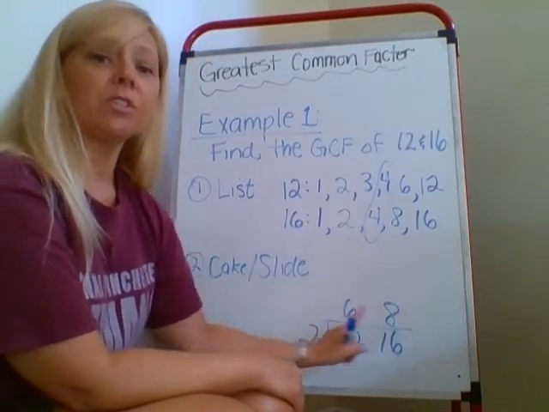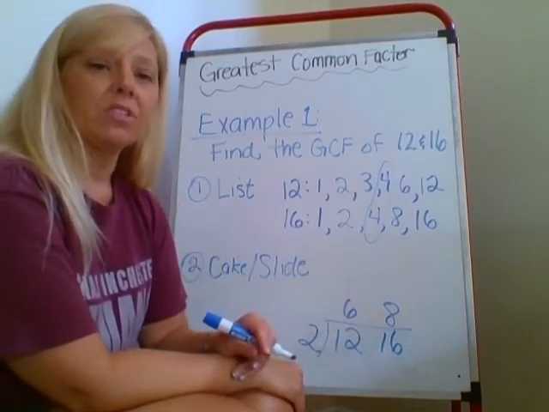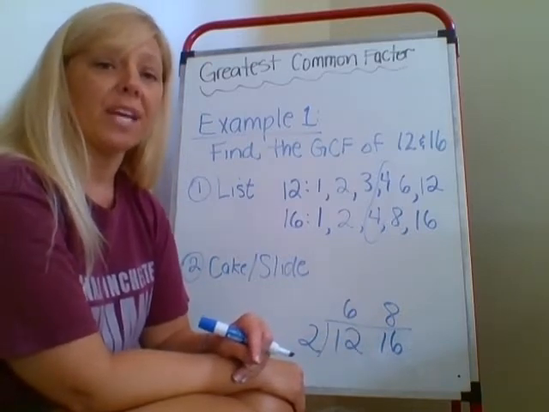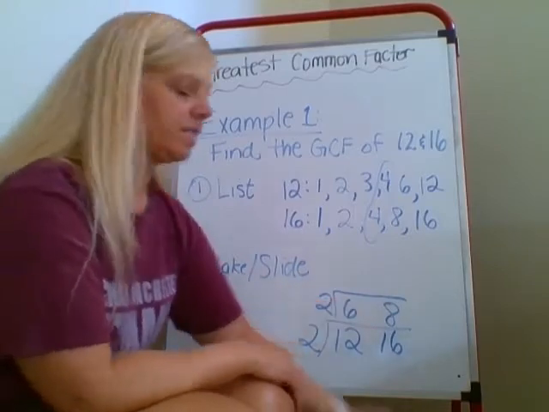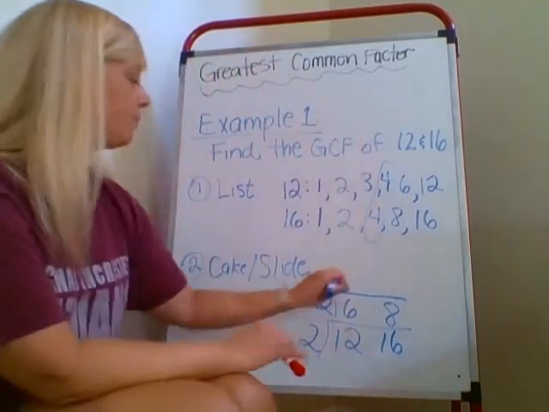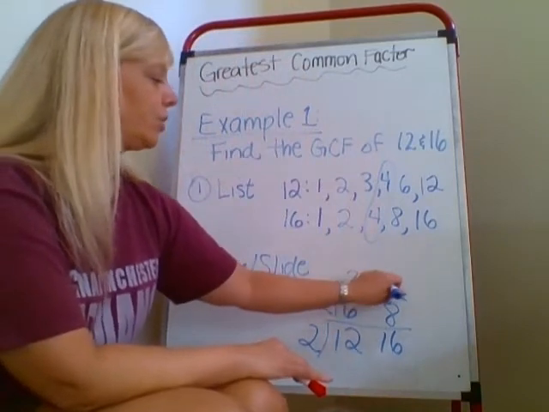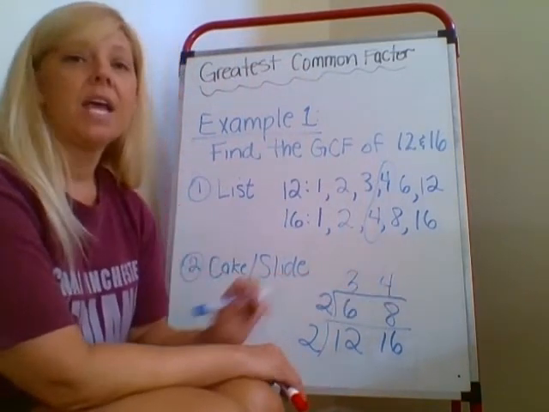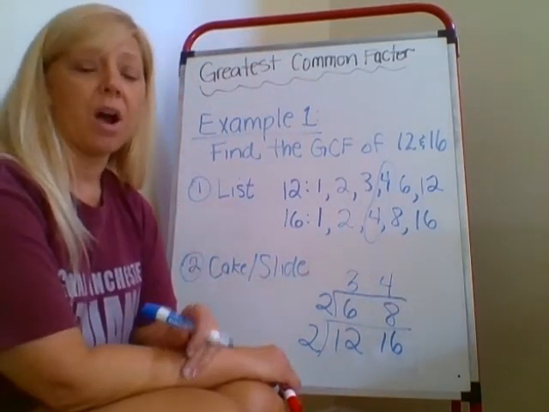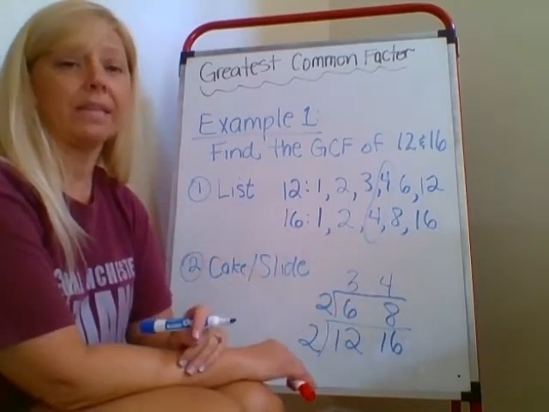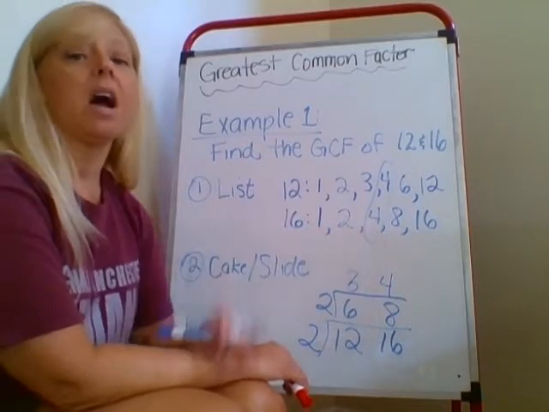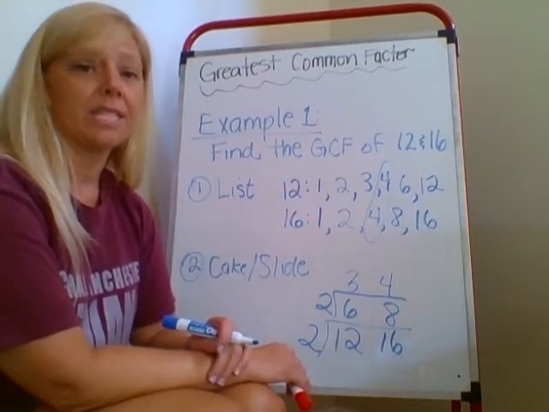Now, neither of these numbers are prime, and we need to see if there's another prime number that can go into both, and 2 can go into both of these numbers. 2 goes into 6 3 times, and 2 goes into 8 4 times. Now, since 3 is prime and 3 does not go into 4, I stop. I'm completely done with my prime factorization of 12 and 16.